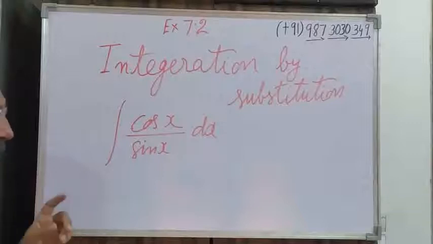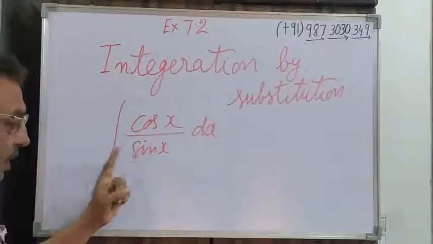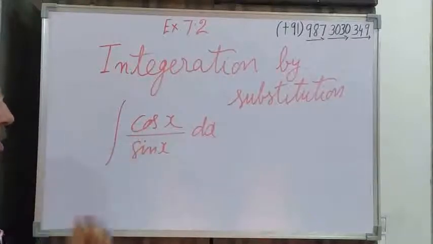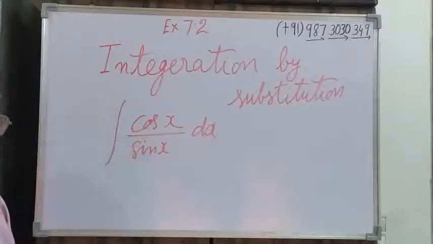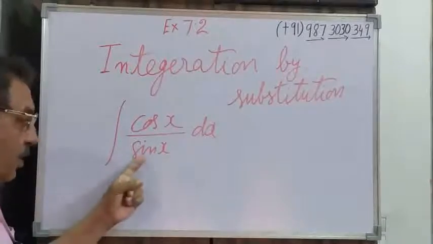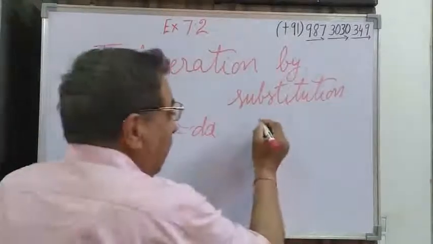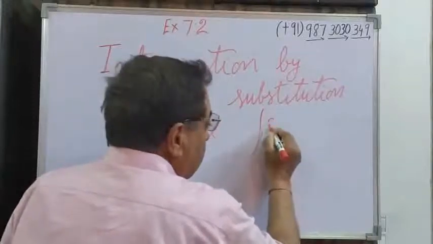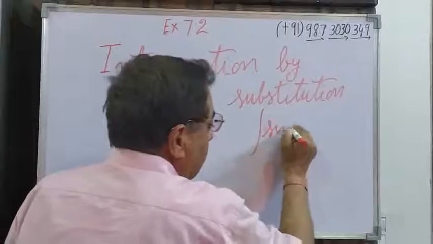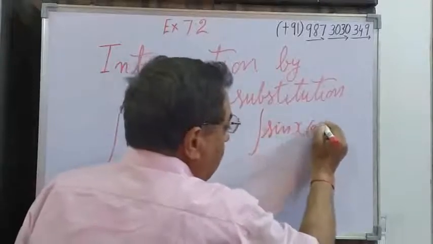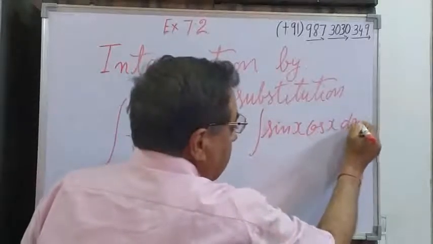Here we observe the derivative of sin x is cos x. That is, the function and its derivative both are present in the question. It may also be present this way: sin x into cos x dx.